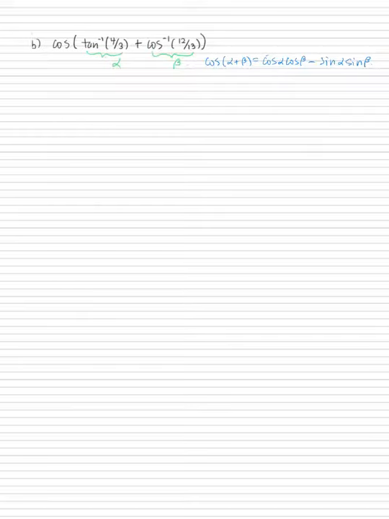Okay, so let's apply that and see what we're going to get. So this is cosine of tan inverse of 4/3. Too many parentheses, huh? I hope you can follow this. And then cosine of beta minus sine of alpha and sine of beta.